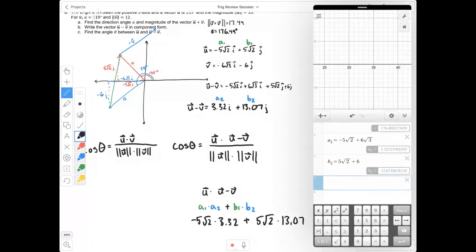Okay, so a1, negative 5 root 2, times a2, plus 5 root 2, that's b1, times 13.07, that's b2. 68.94.